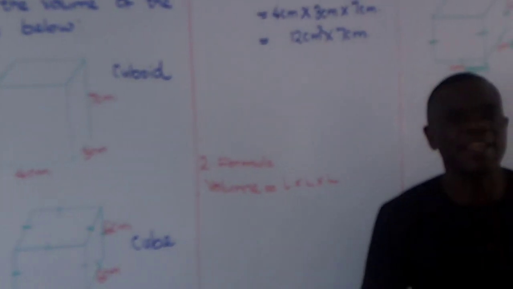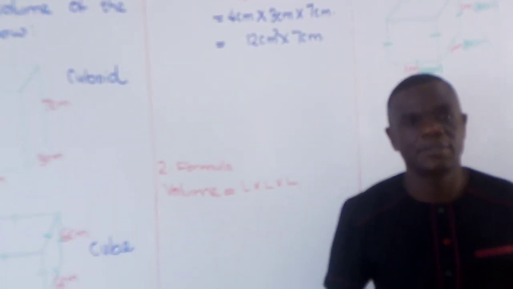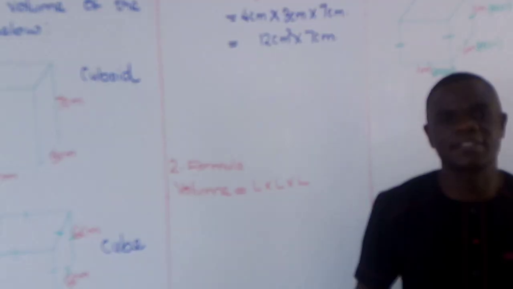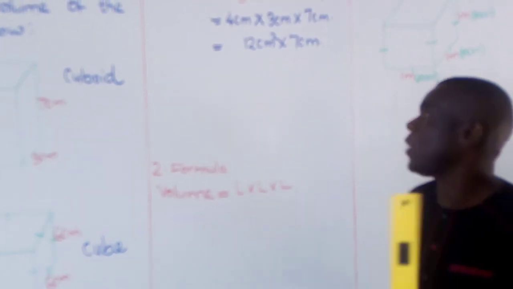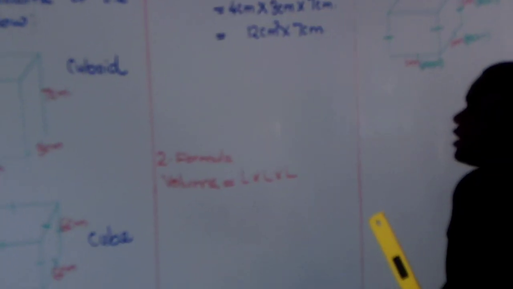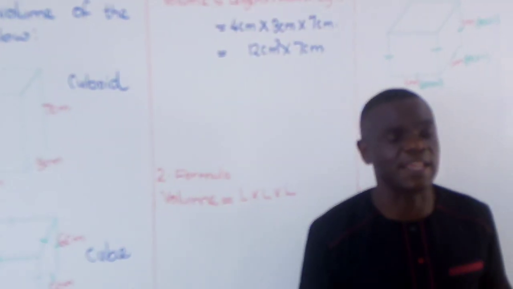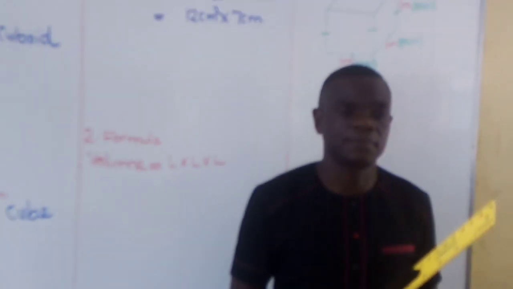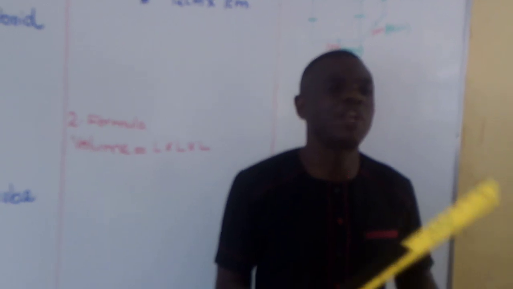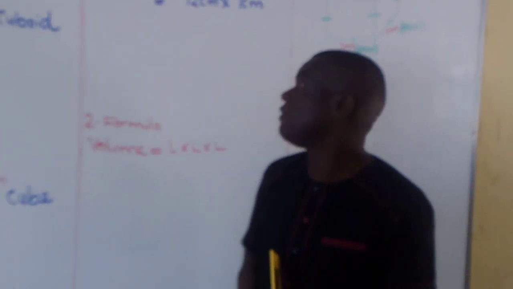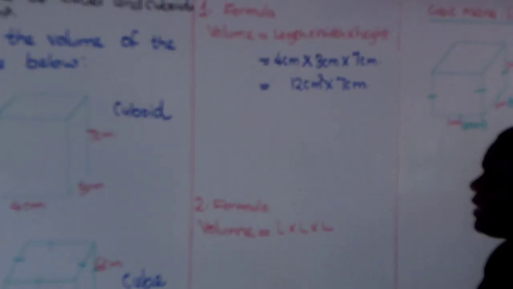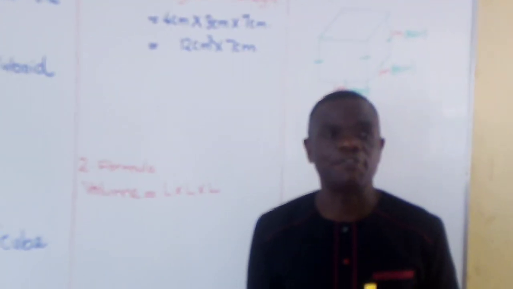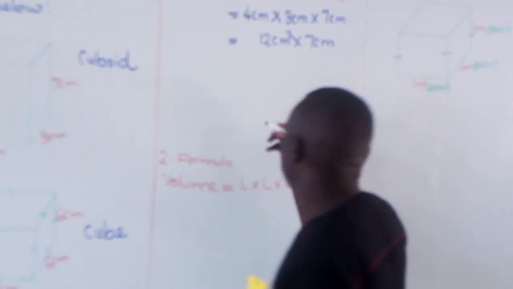Lanesha, stand up, please. What is 12 multiplied by 7? Lanesha, I can give you some minutes to calculate. Brilliant. 12 multiplied by 7 is 84.